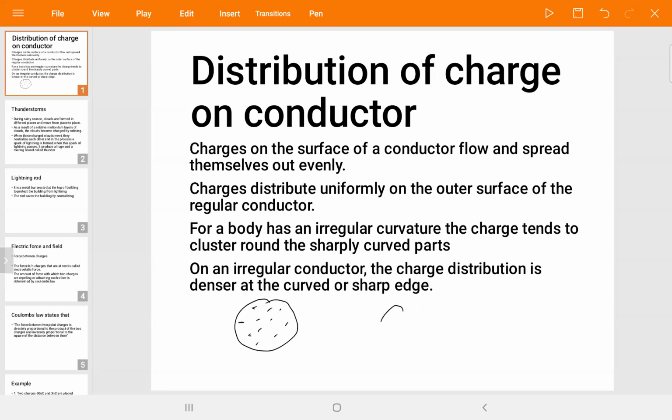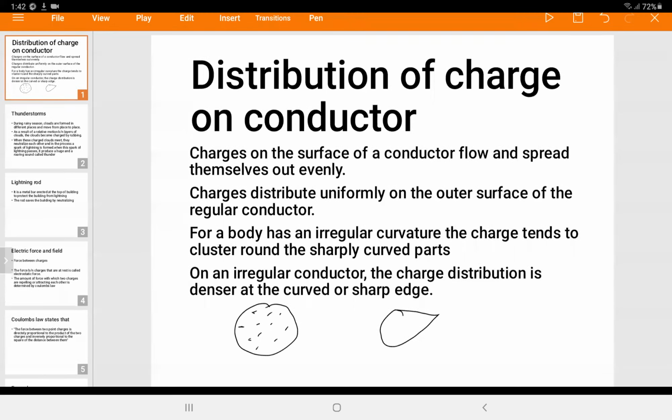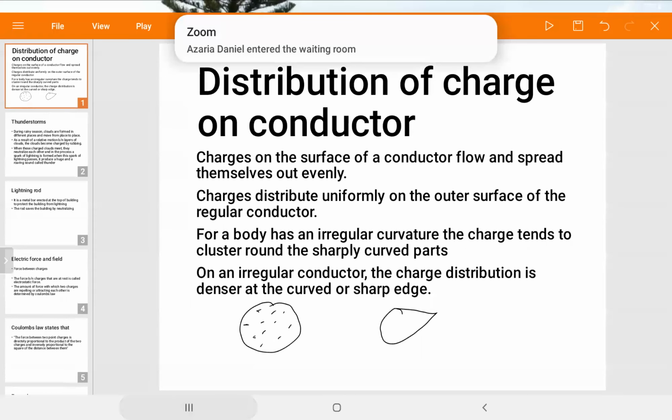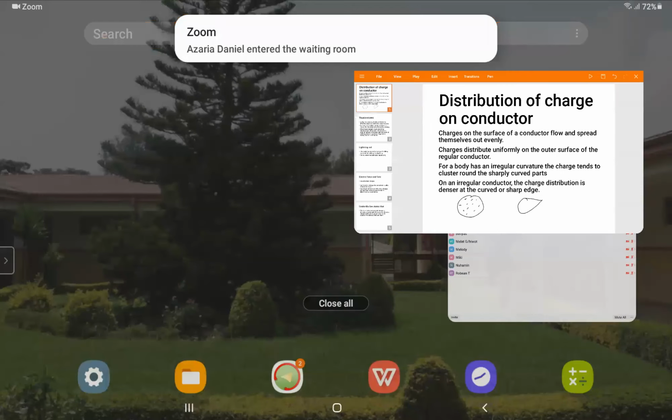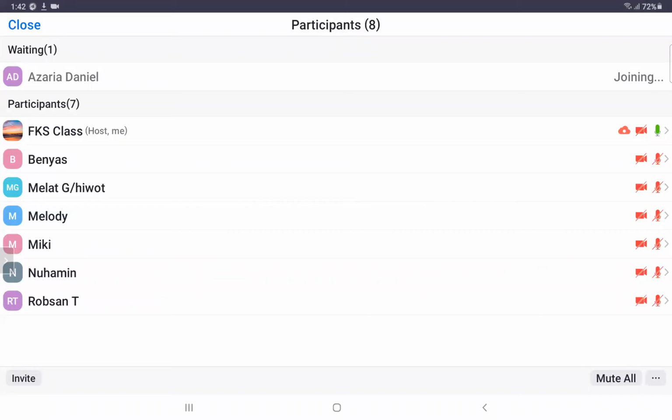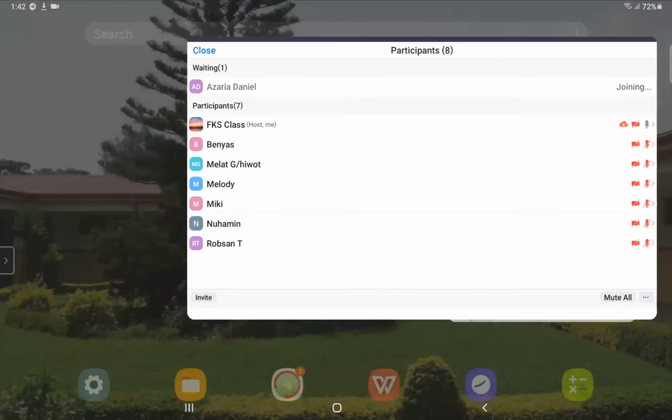Whereas if it is irregular shaped, with an edge or sharp corner, what will be the distribution of charge? We know that the net charge is on the surface of a conductor, not inside. Inside there is no net charge. The net charge is found on the surface of a conductor.